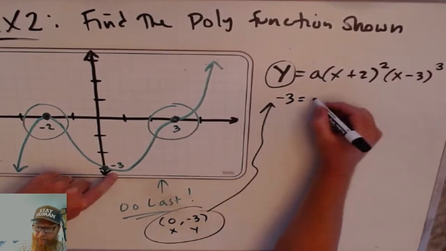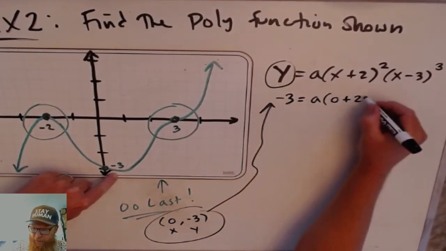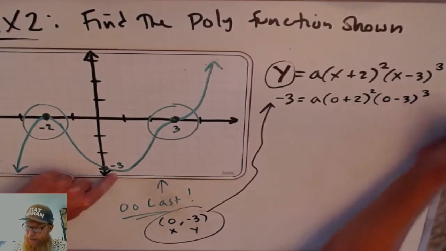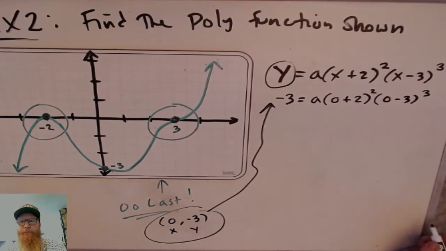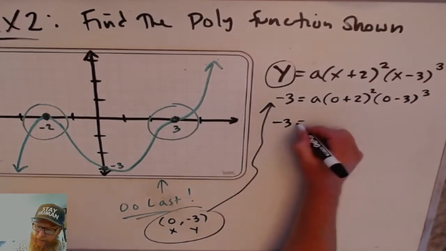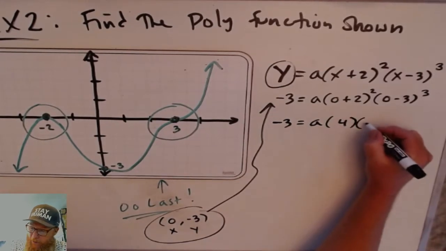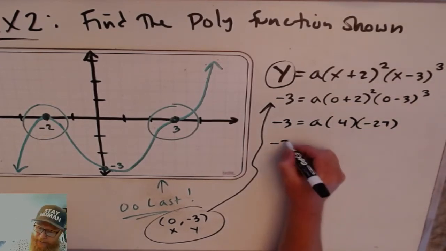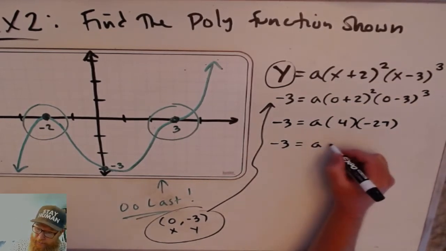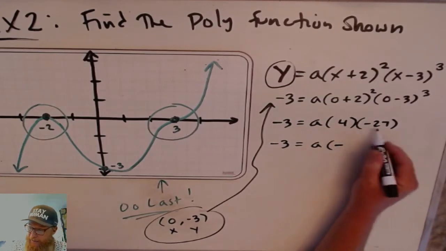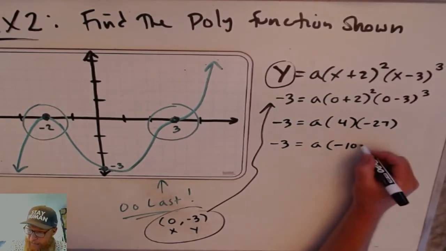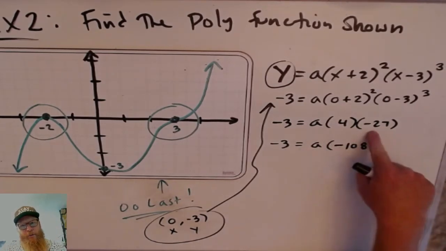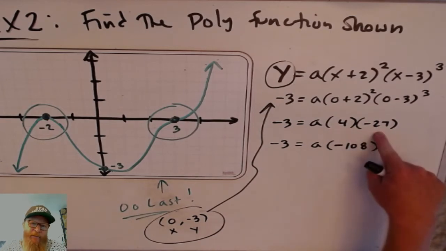So we're going to get -3 equals a, 0 plus 2 squared, and 0 minus 3 cubed. So that'll be 4 and -27. That'll be a negative, what's that, 100 and something, 108? I just guessed. You might want to do that carefully. 4 times 20 is 80. 4 times 7 is 28.